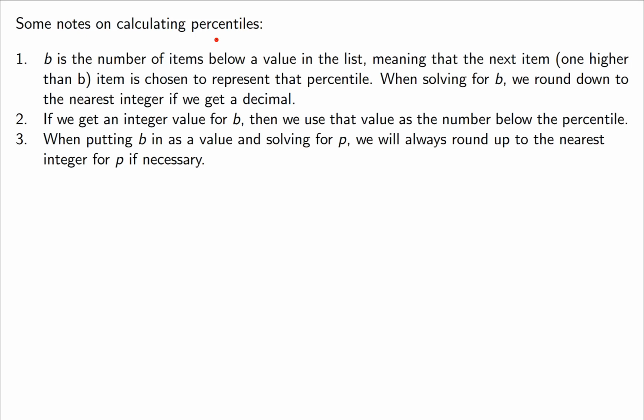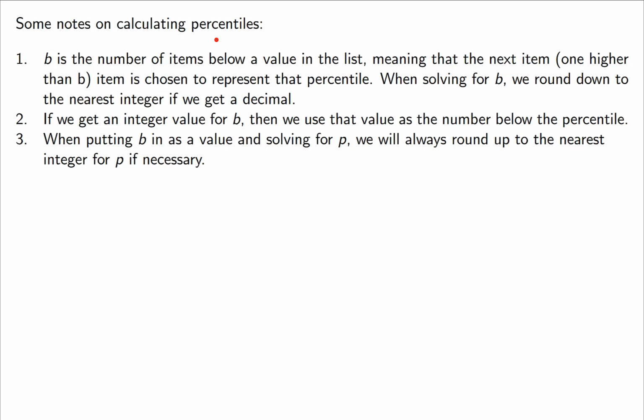If you get a decimal, in order for this to work, you must round down. When I said B equals 5 for my example a second ago, let's say I calculated and got 5.9. The 6th item is still higher than 5.9 of the data. So I would round the 5.9 down to 5 and choose the 6th value. Again, we'll look at that in an example in a moment.